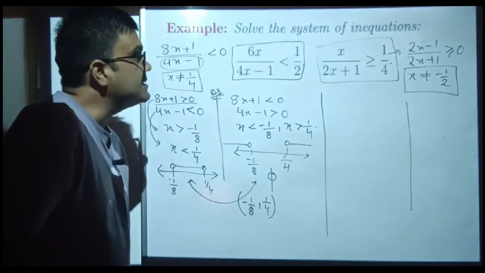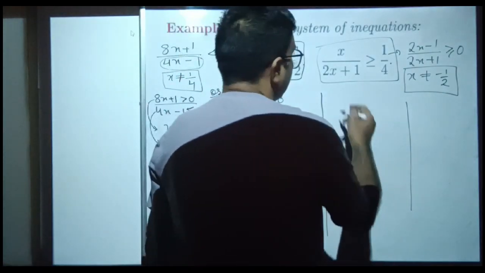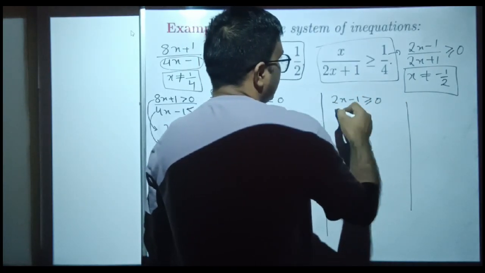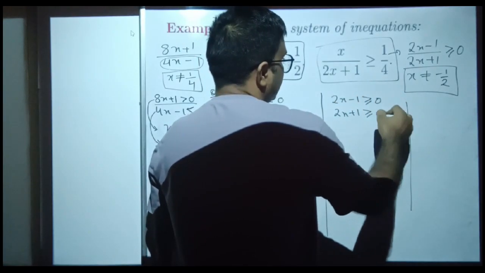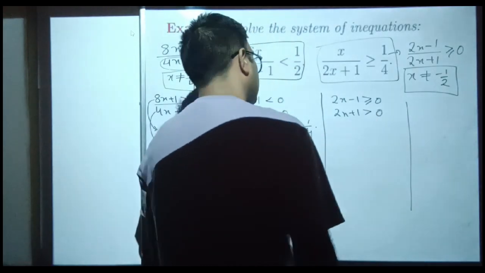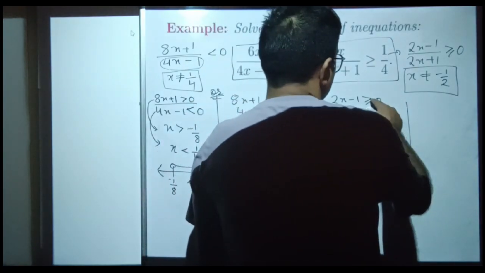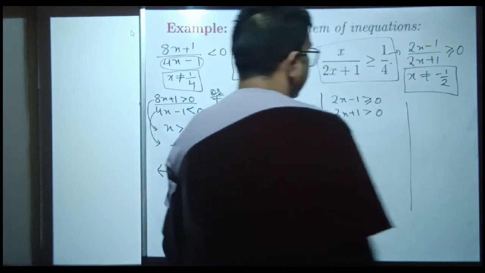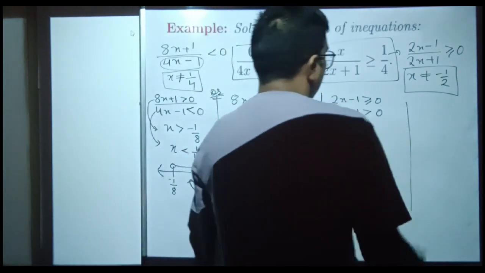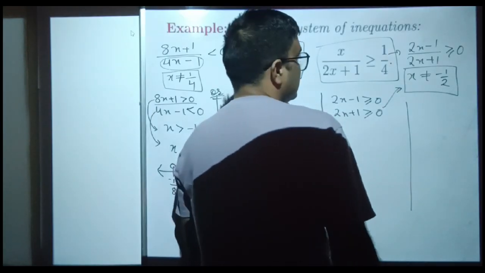In the second case, again we will have two inequalities. It is positive, it means if 2x minus 1 is greater than or equal to 0, 2x plus 1 is greater than 0. It is a greater than sign over here because it cannot be equal to 0. In the second case, we have already considered that x is not equal to minus 1 by 2.